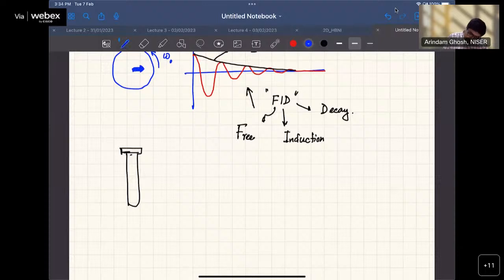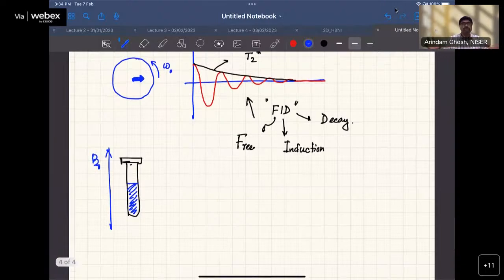Correct? So you have this particular sample, and you have this B naught, correct? Now suppose there is absolutely zero relaxation, forget about relaxation. Then the spin at the bottom and the spin at the top have Larmor frequency given by omega 0.